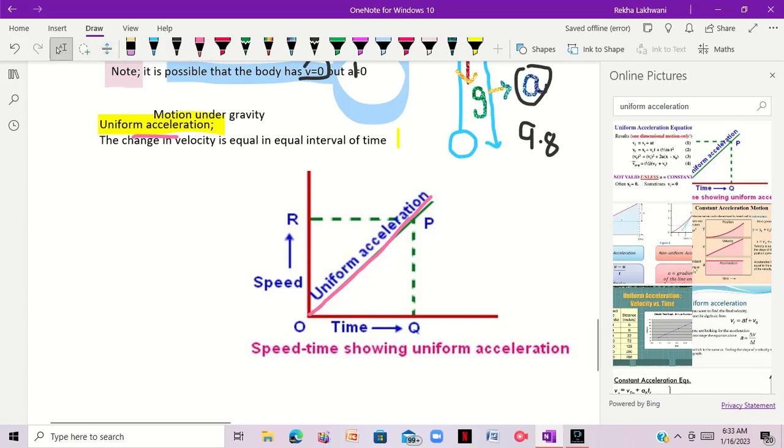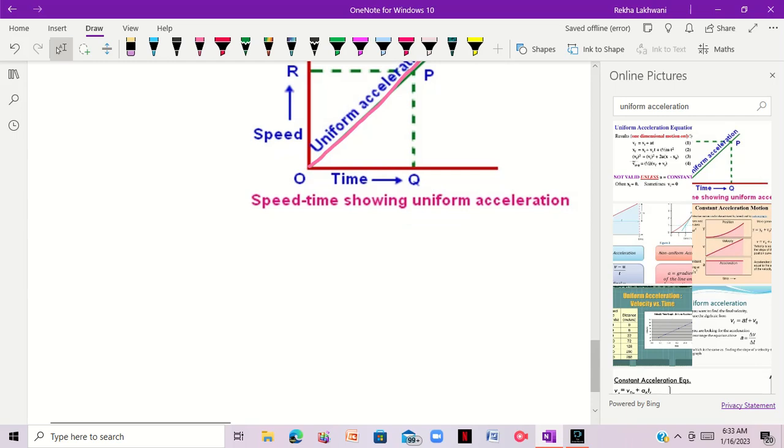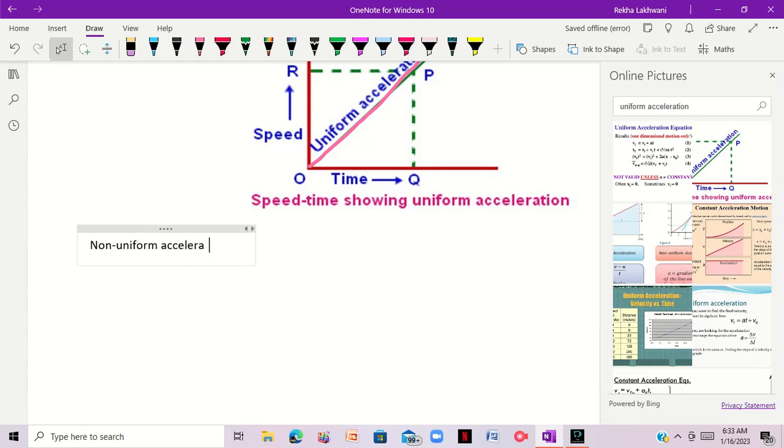So now next we have variable acceleration, or you can say non-uniform acceleration. We have the other, which is non-uniform acceleration, right?